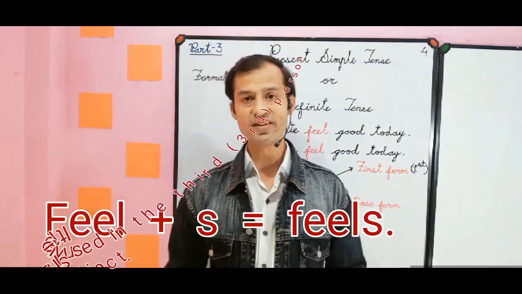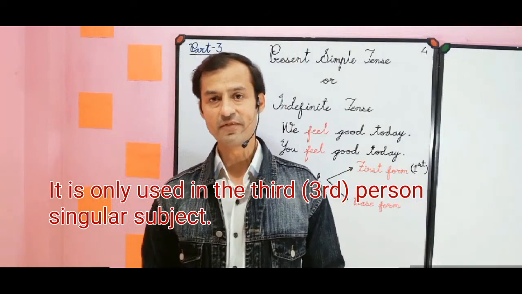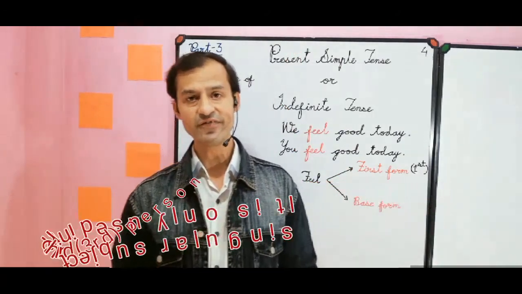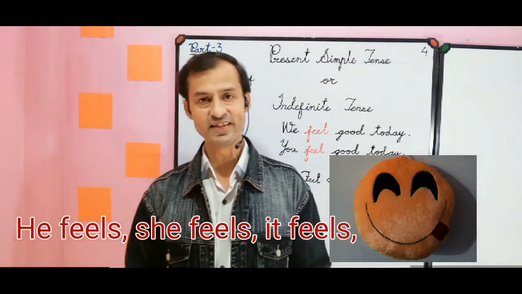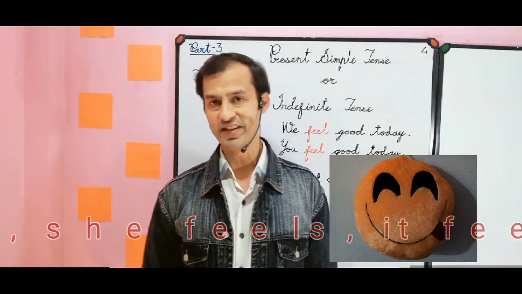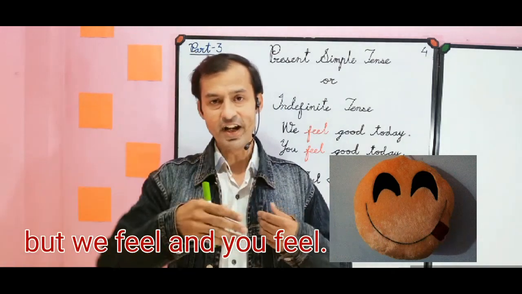It is only used in the third person singular subject, like he feels, not he feel. Okay, he feels, she feels, it feels. For one name, George feels, but we feel and you feel.